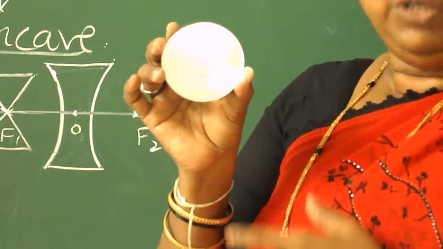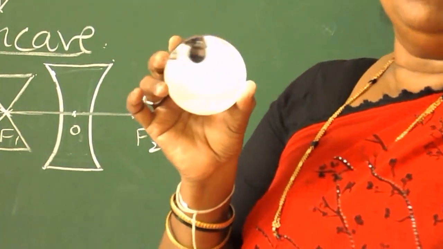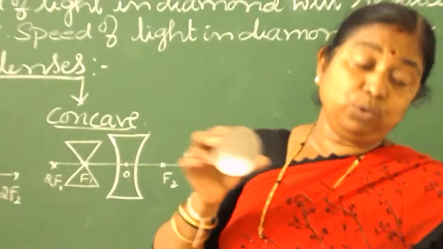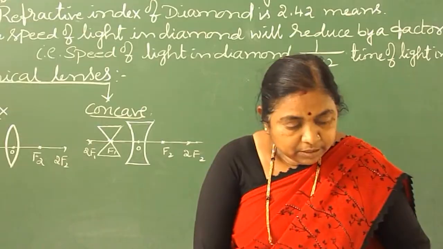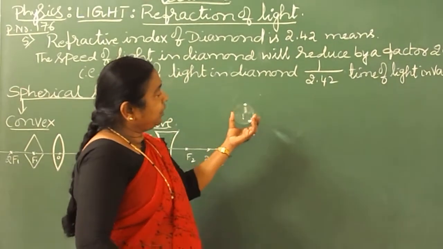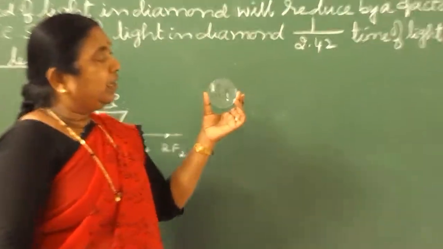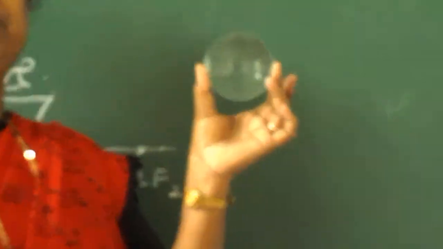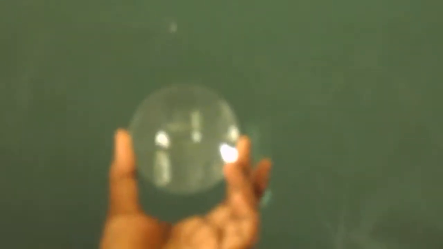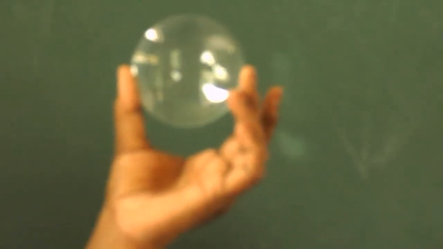But now you are going to learn about refraction through spherical lenses. What does it mean? Whenever you take a glass piece bulged on both sides, we say it is nothing but double convex.